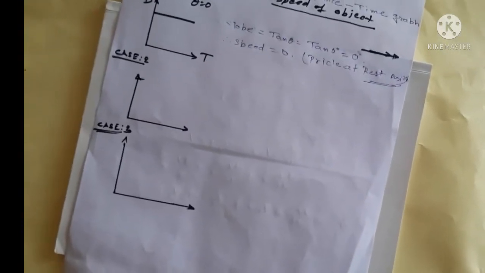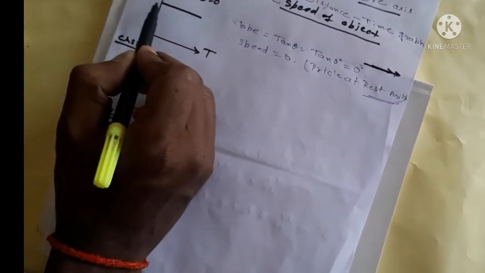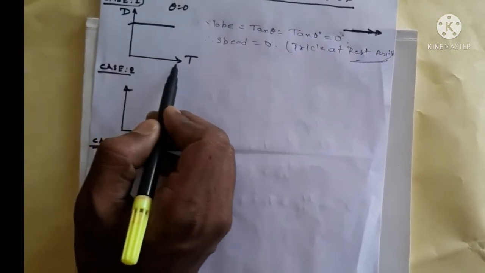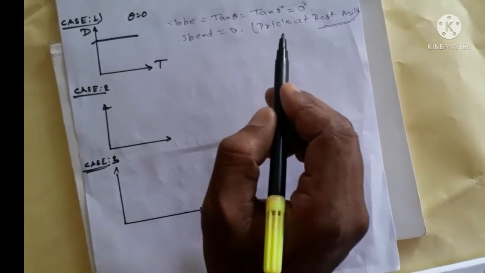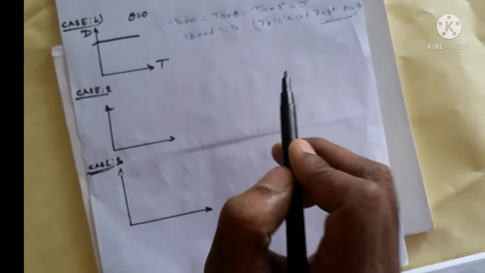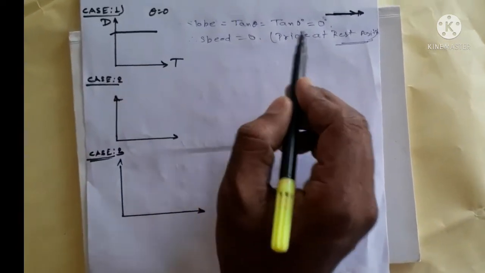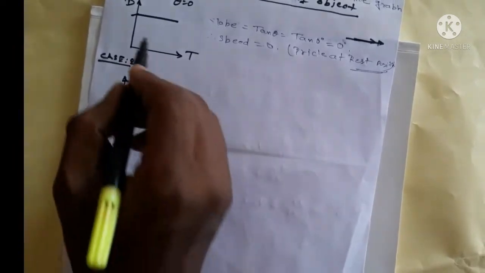This type of graph shows that distance is fixed, but time increases. So this type of graph gives the rest position. Slope is equal to 0. So tan theta is 0. So speed is 0. So the particle is at rest.